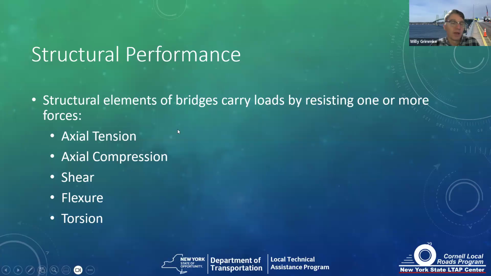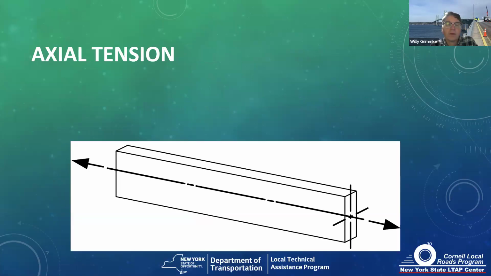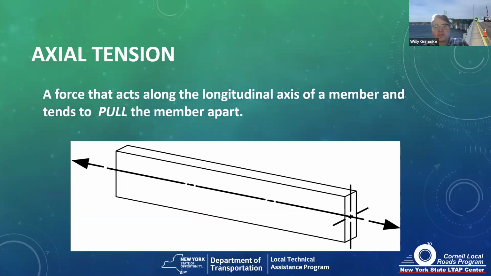It may be axial tension, axial compression, shear, flexure, torsion, or a combination of any and all of those. Axial tension is basically you're pulling on it, stretching it, like stretching a rubber band or pulling on a rope. These are forces that pull along a member and want to pull it apart.